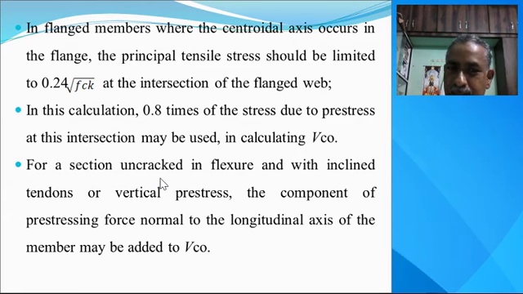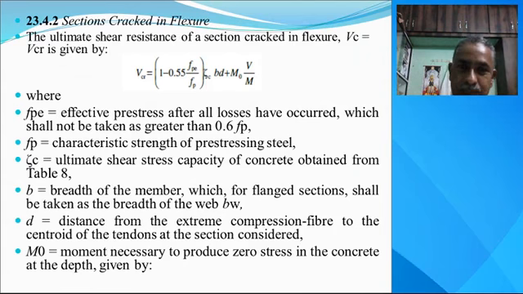For a section uncracked in flexure and with inclined tendon or vertical prestress, the component of prestressing force normal to the longitudinal axis of the member may be added to VCO. That means if an inclined section or parabolic cable profile is there, we consider P sin theta along with VCO.